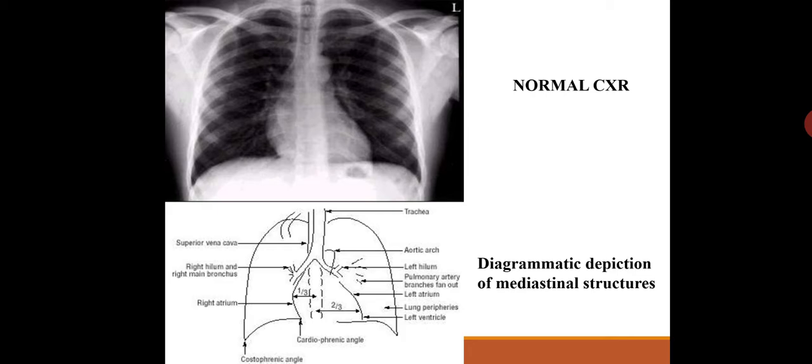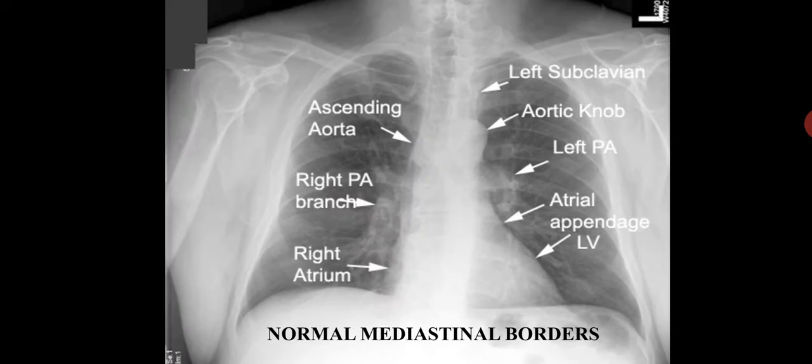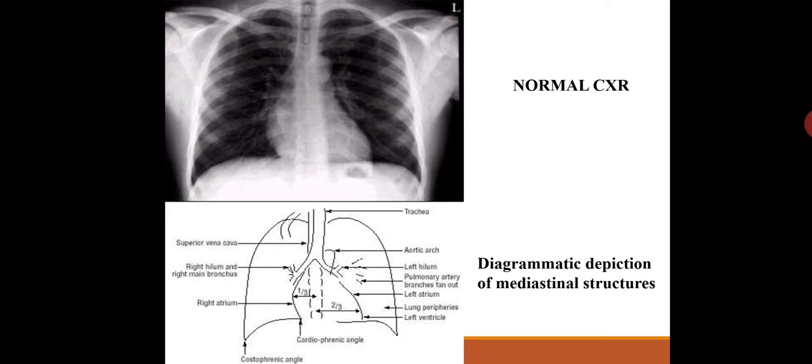See, this is the trachea, and you can see the aortic arch, the left hilum, the right hilum, and the right main bronchus.